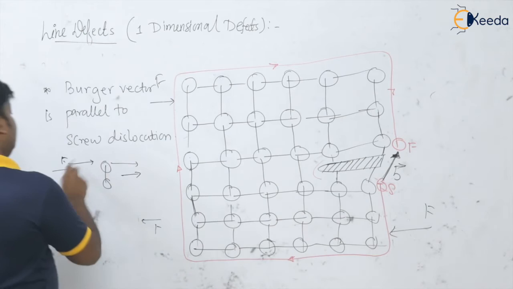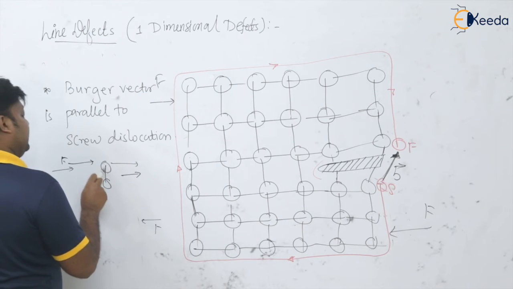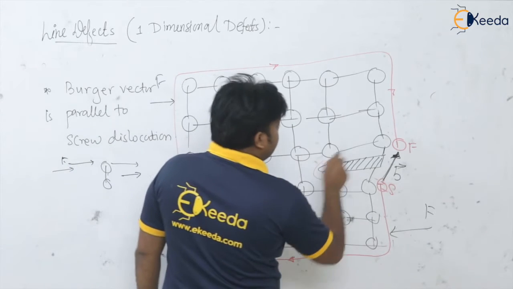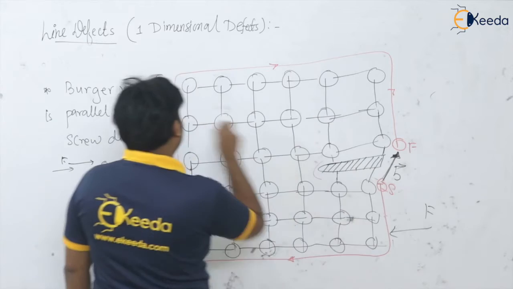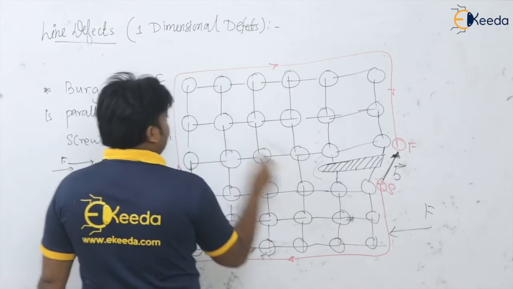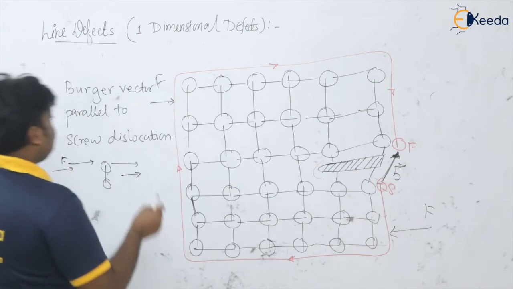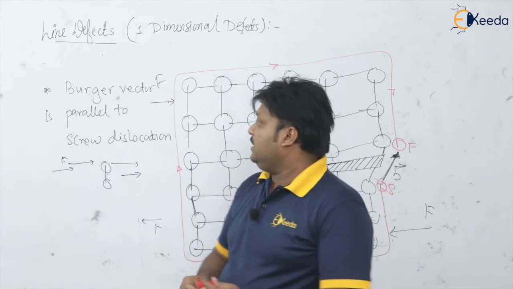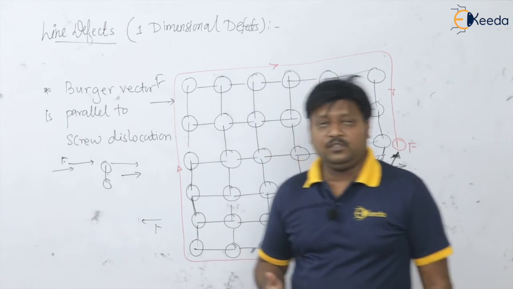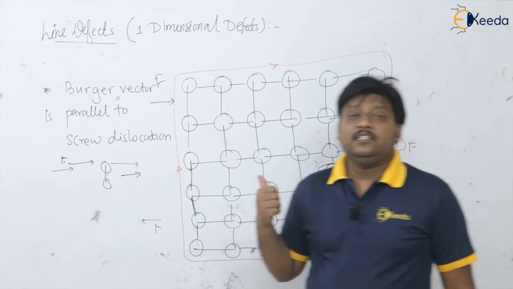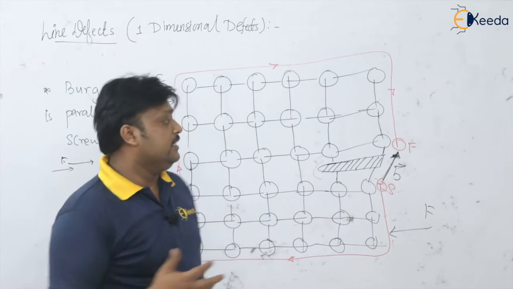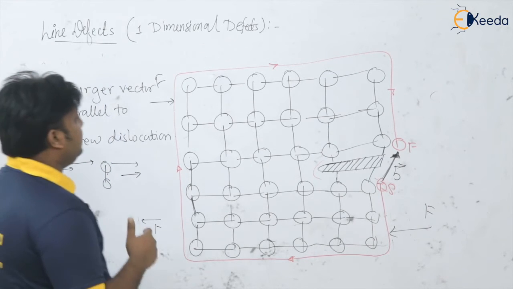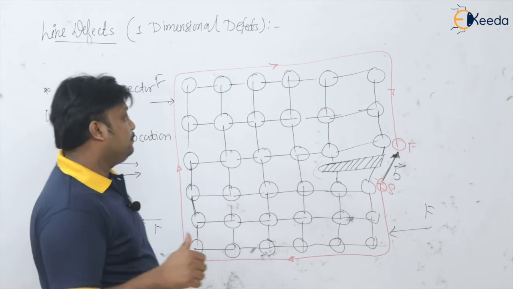So the movement of the edge dislocation is parallel to the applied force, whereas the movement of the screw dislocation is perpendicular to the applied force. Next, in a comparative manner, in edge dislocation we require a lesser amount of force, but in screw dislocation the magnitude of force we require is larger. That is one important difference between edge dislocation and screw dislocation.